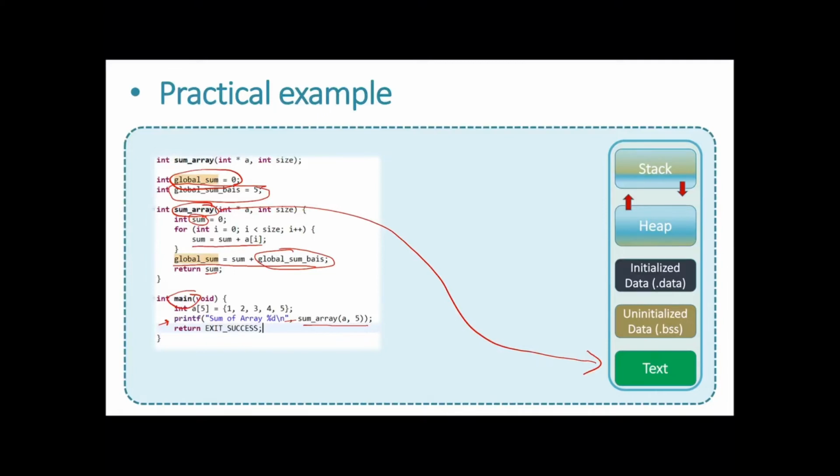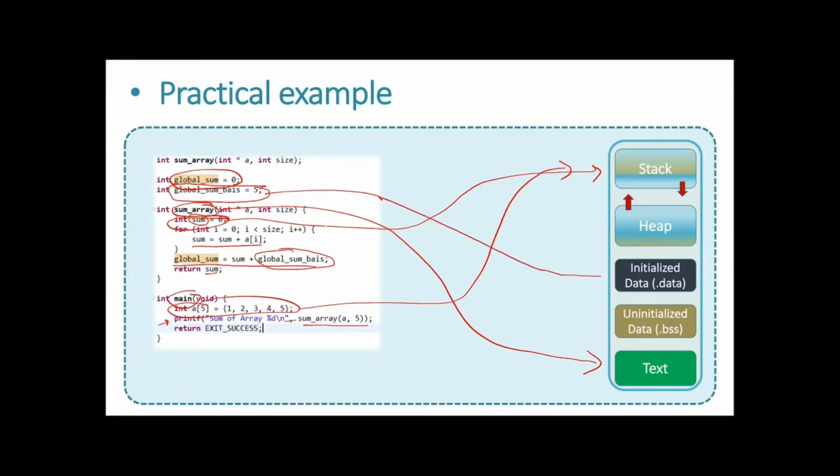All the local variables should go into the stack. And this global variable with some assigned value goes into the data section, right? Then the other global variable, the global sum, goes into the uninitialized data section.